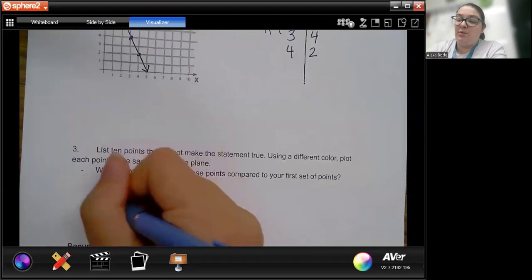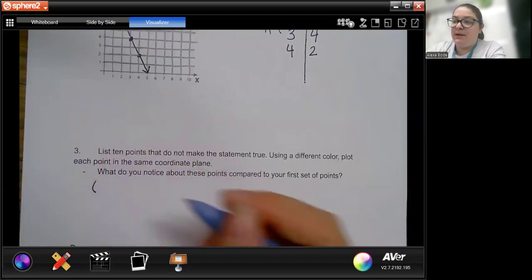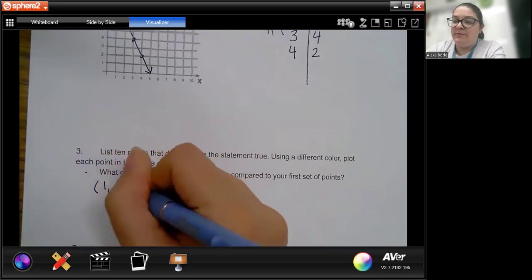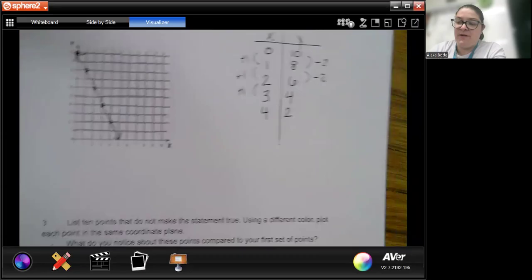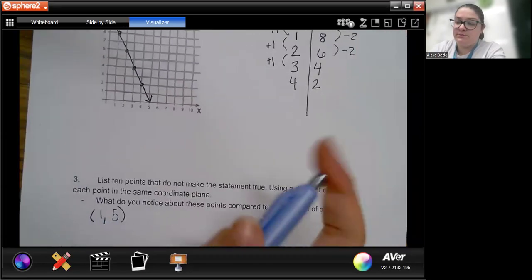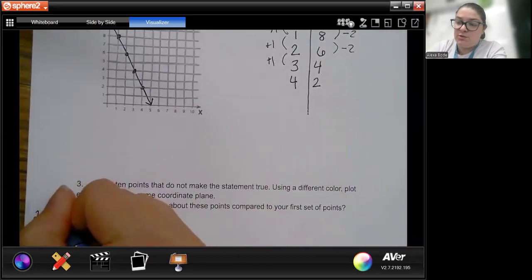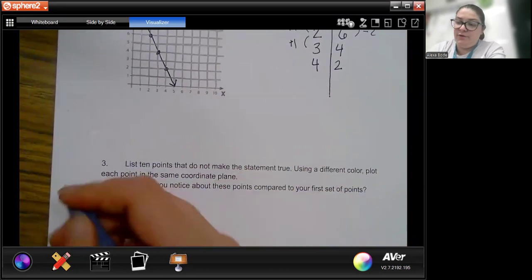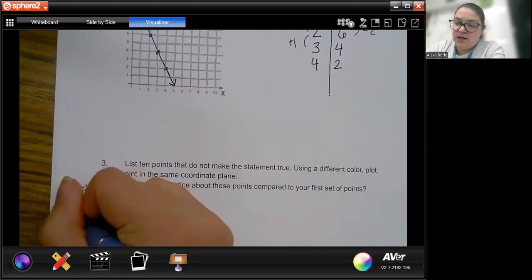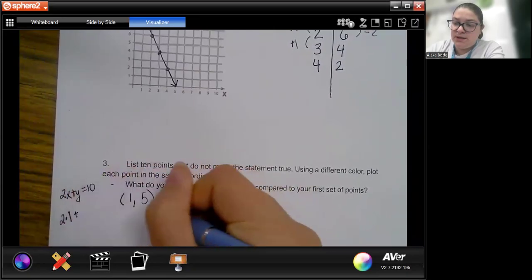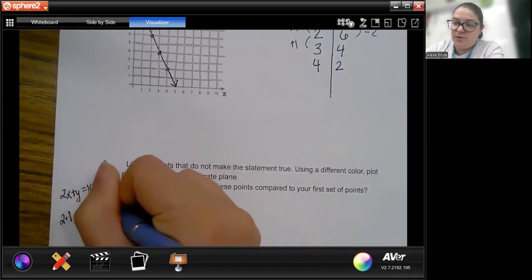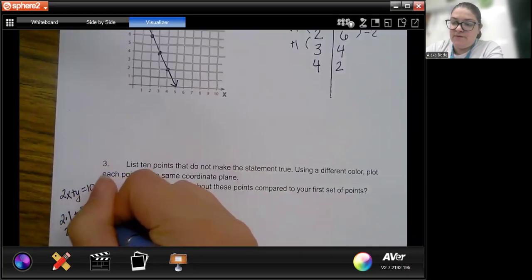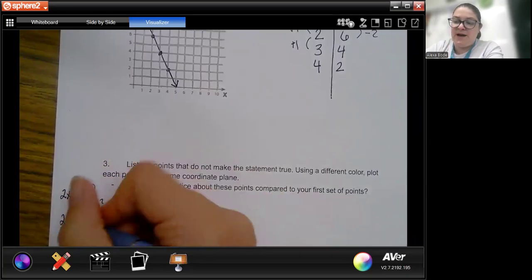So another point that would not make it true, for example, would be if I had 1, 5. So if I had 1 for x, so my equation again, 2x plus y equals 10. If I put 1 in for x, 2 times 1 plus 5, does that equal 10? 2 times 1 is 2, plus 5. 2 plus 5 is 7.